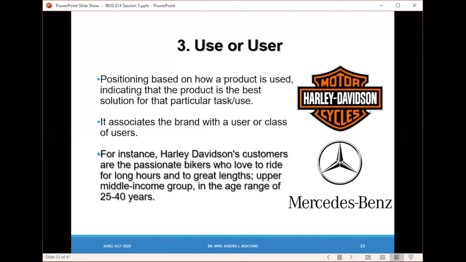So you can put in every spec that you want, but it comes at a hefty price tag. So you have to be a specific kind of person to be able to have one, right? So that is a typical example of positioning based on use and user.